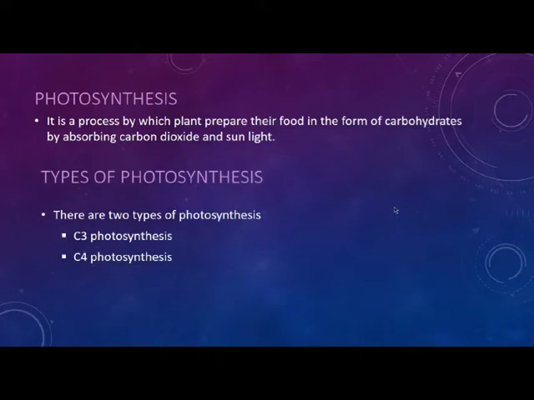The ordinary photosynthesis that takes place in all the plants is commonly known as C3 photosynthesis. Here we are discussing a special type of photosynthesis which is called C4 photosynthesis. I will explain the difference between the two.